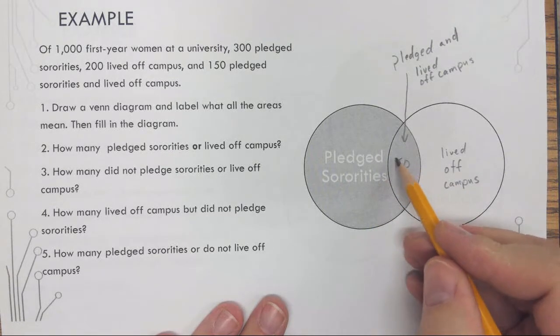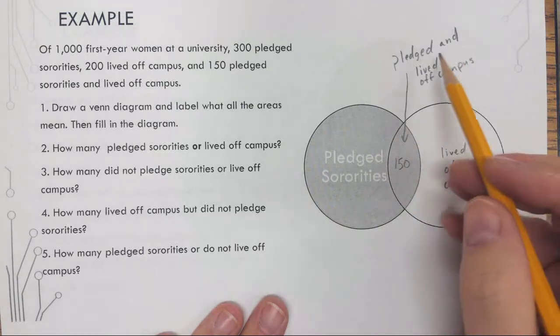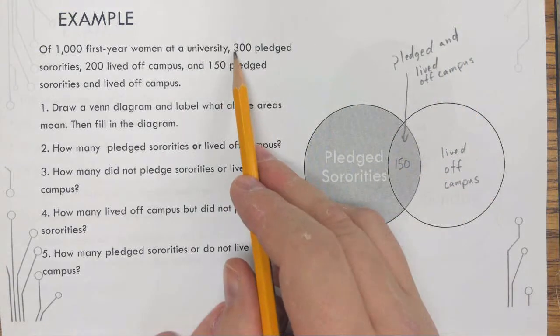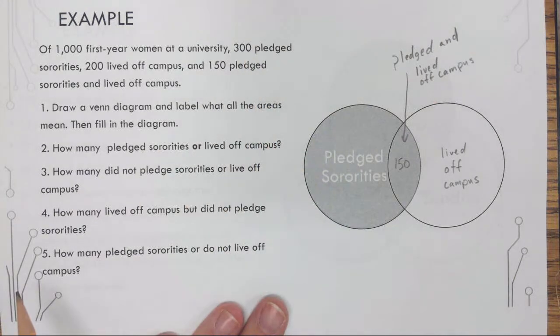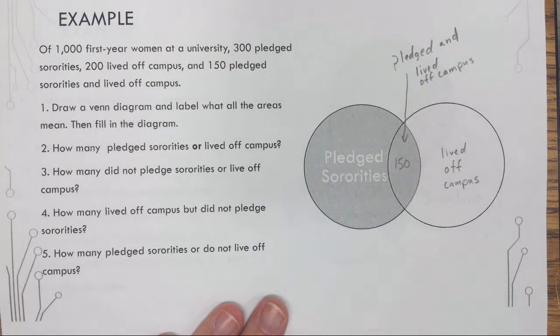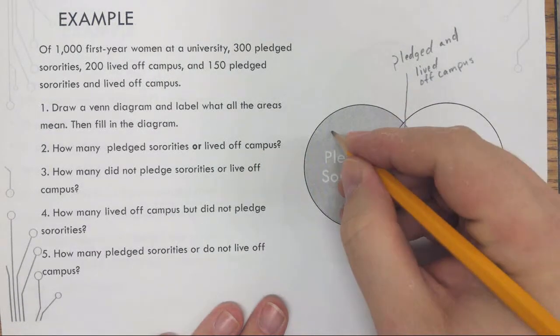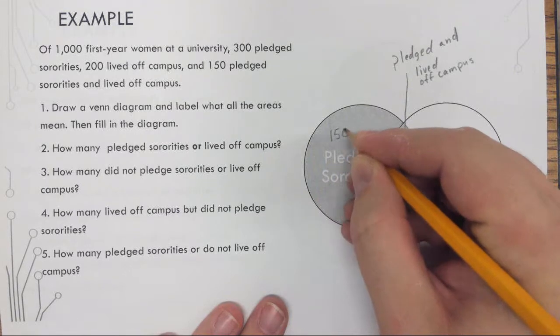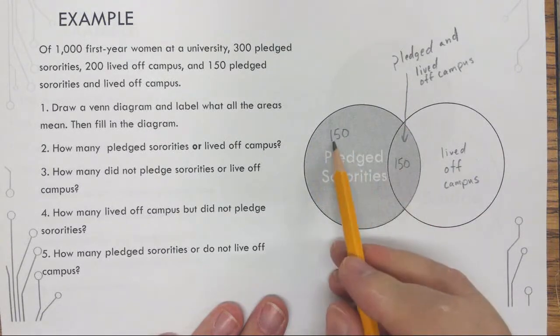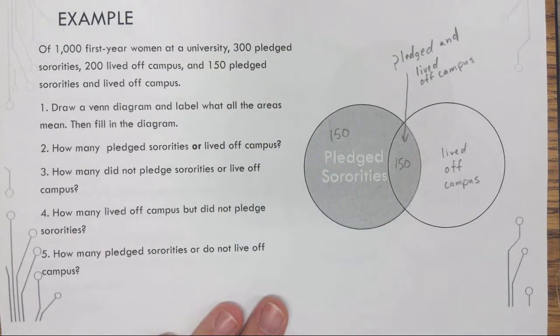So if I had 150 here in the middle that pledged, well, that's part of the 300 that pledged here. So how many just pledged but didn't live off campus? Well, that's going to be 150, because 150 and 150, that's 300. Okay?